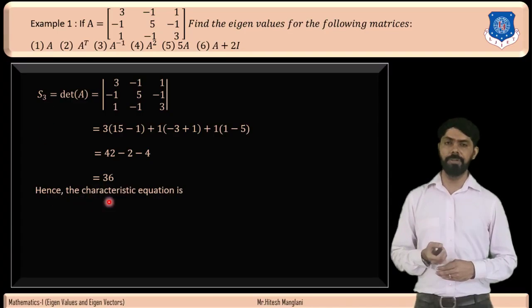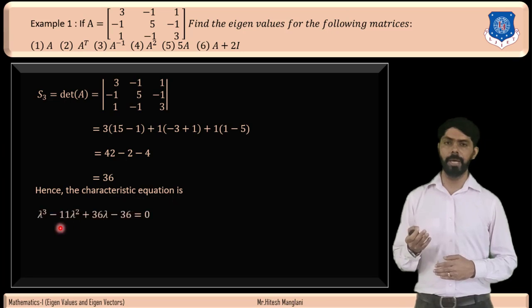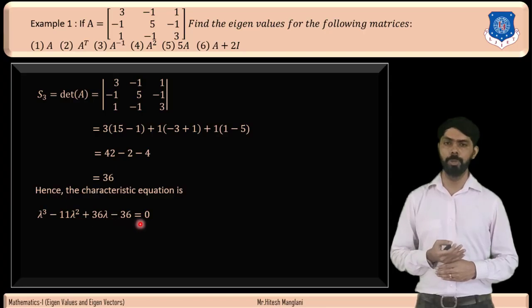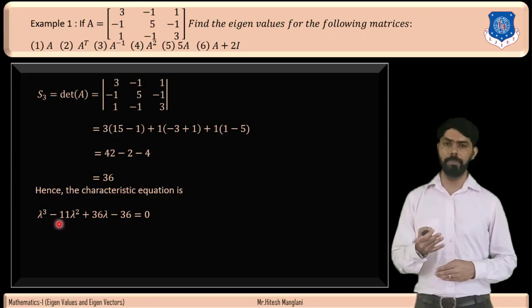Hence the characteristic equation is given by lambda cube minus s1 lambda square plus s2 lambda minus s3 is equal to 0. We put the values of s1, s2 and s3 in this characteristic equation. So it will be lambda cube minus 11 lambda square plus 36 lambda minus 36 is equal to 0.